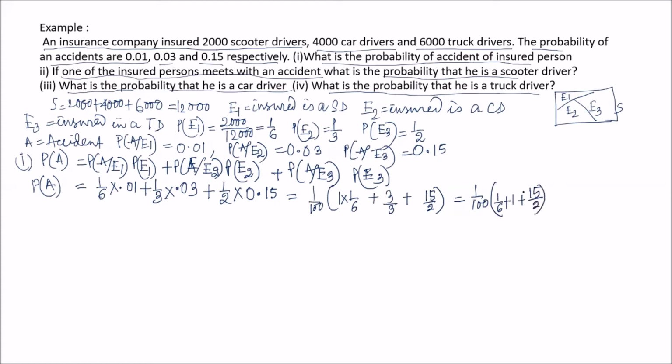Let us take the LCM, it will be 1 by 100 into 6 as the LCM: 1 plus 6 plus 45. So how much is the answer? P(A), the total probability of accident, is equal to 52 by 100 into 6.